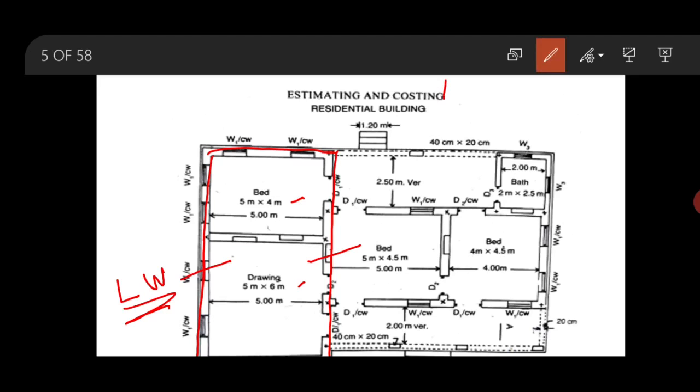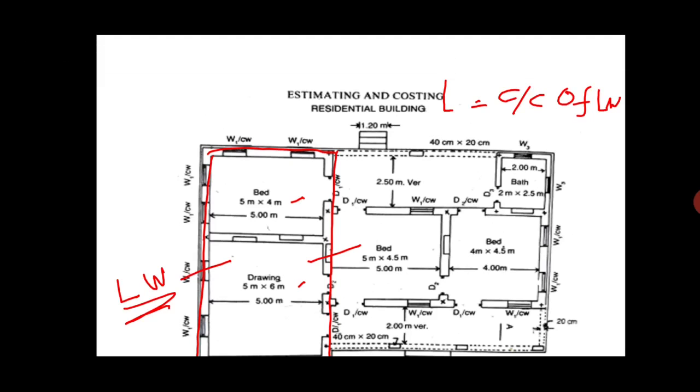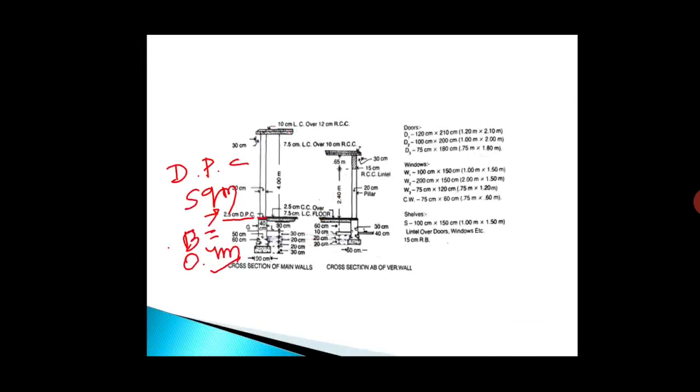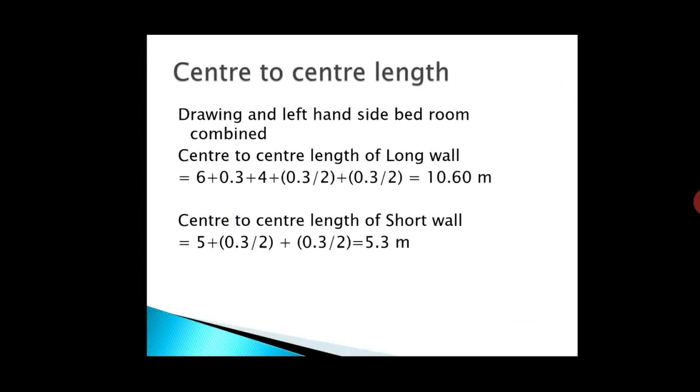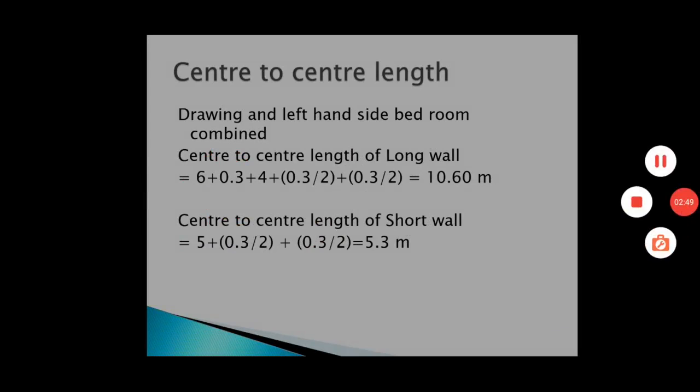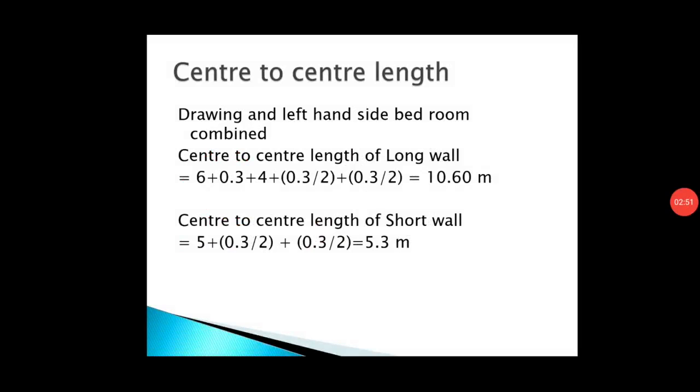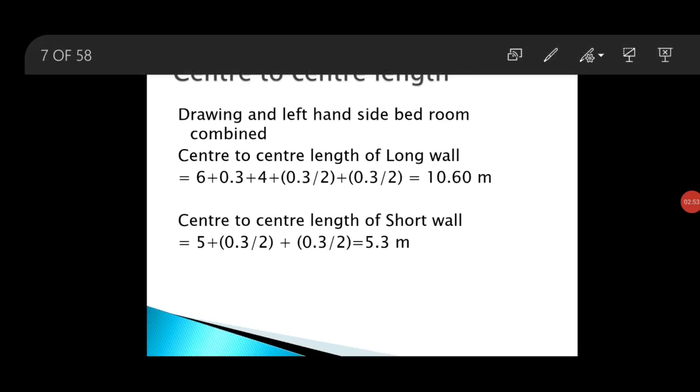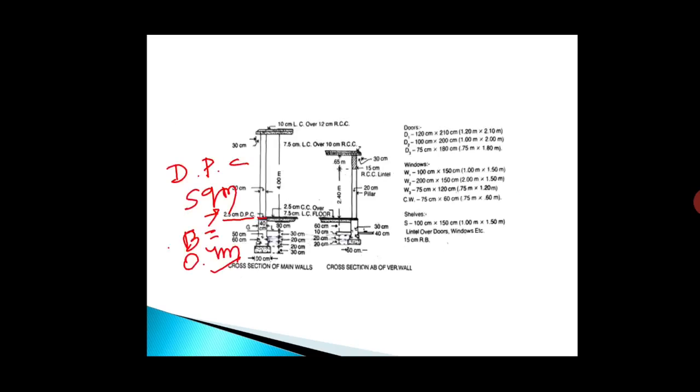For that we need the center to center length of long wall. So first, what is the center to center length of long wall? See here, the center to center length of long wall, first part is drawing room and left hand side bedroom, is 10.6 meter.